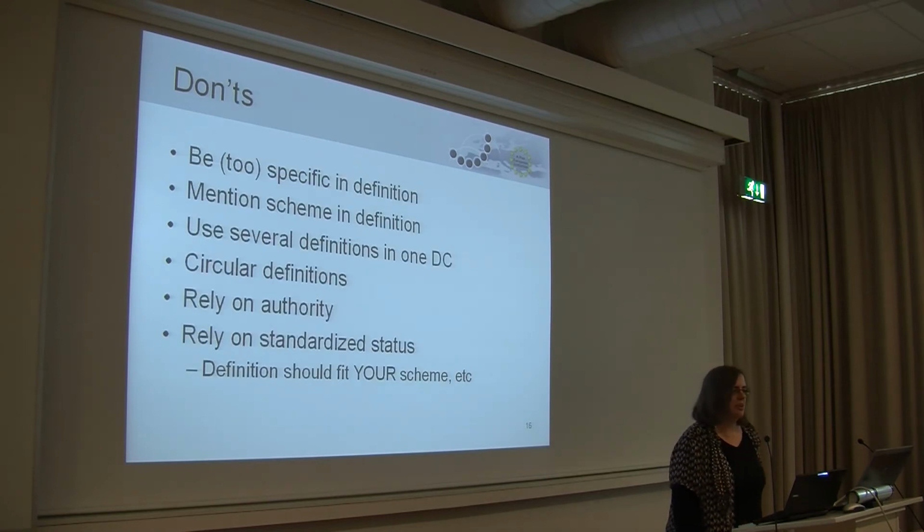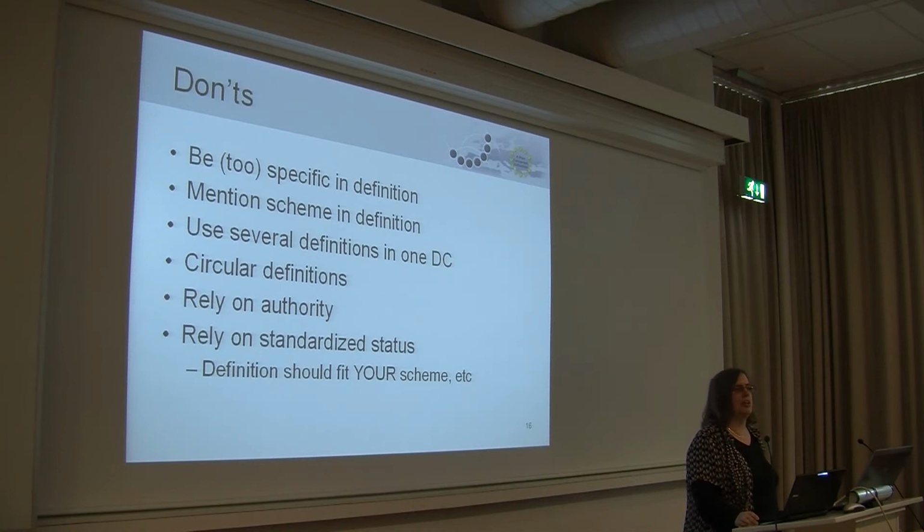So don't be too specific in the definition. Make your definitions as general as possible. So don't mention in OLAC this, or in DC, Dublin Core, this and this. Have your definitions as general as possible, so that they can come from, for example, Dublin Core, or from OLAC, or from whatever TEI header that can be mentioned in another place in the whole entries.